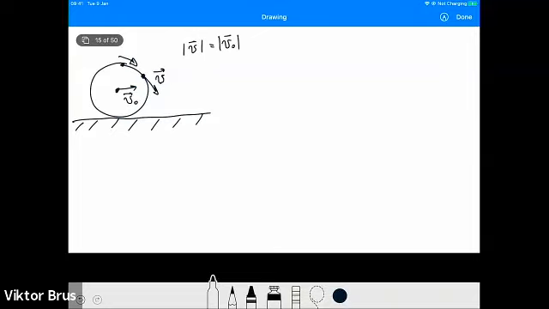This is because v is equal to omega r, where r is the radius of the wheel, and this technically equals also v naught, the motion along one dimension, let's say the x axis. So what is our question?